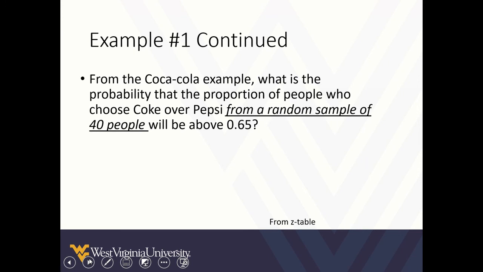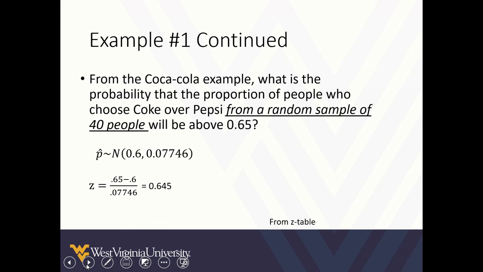So still continuing our example 1. From our Coca-Cola example, what is the probability that the proportion of people who choose Coke over Pepsi from a random sample of 40 people will be above 65% or 0.65?